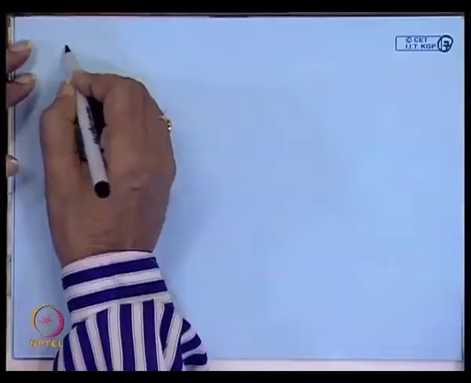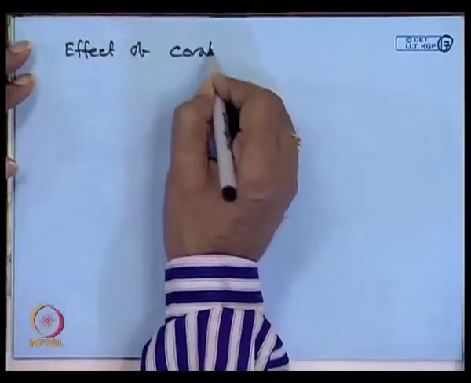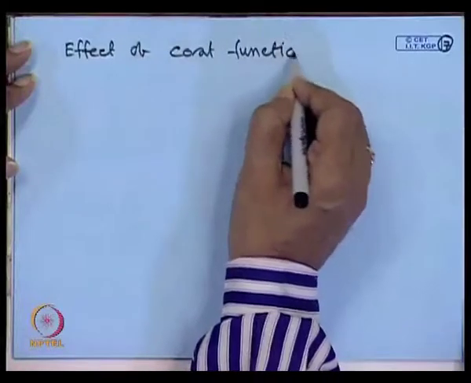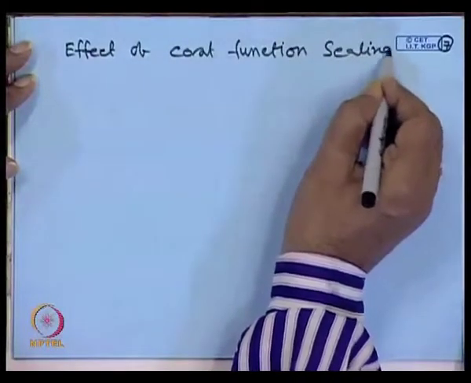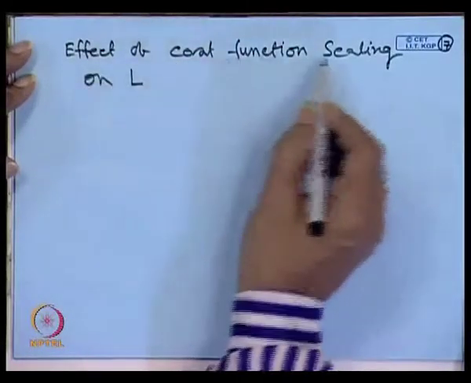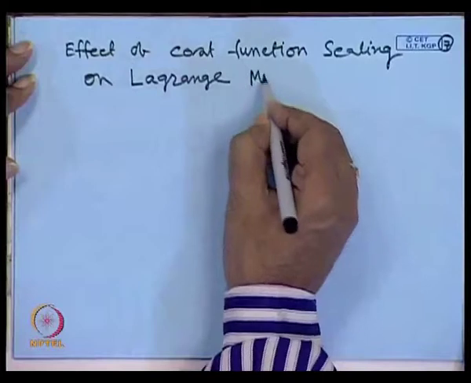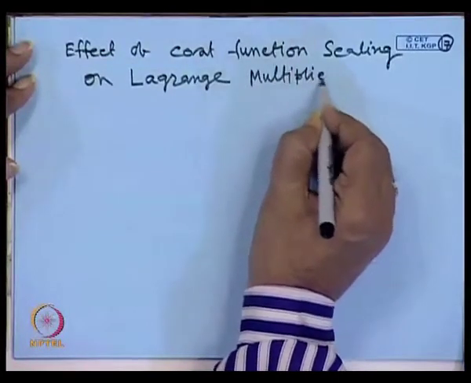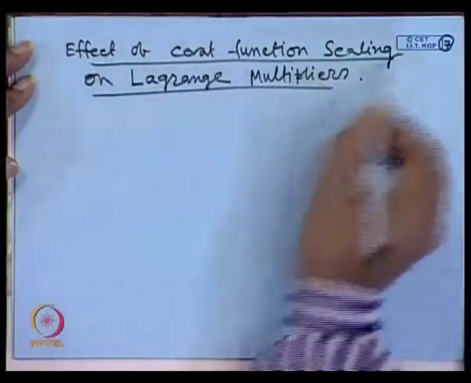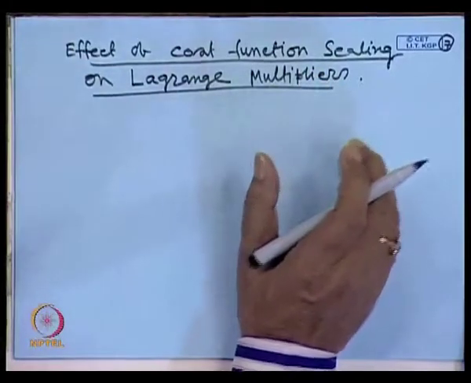So our next study is the effect of cost function scaling on Lagrange multipliers. That means if you scale the objective function or cost function, what is the effect on the Lagrangian multiplier? That we want to study.